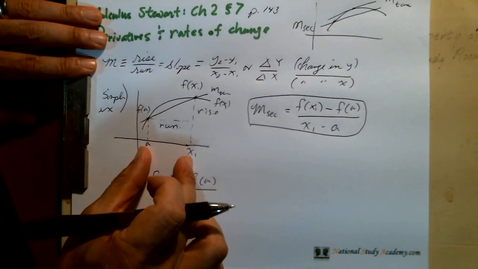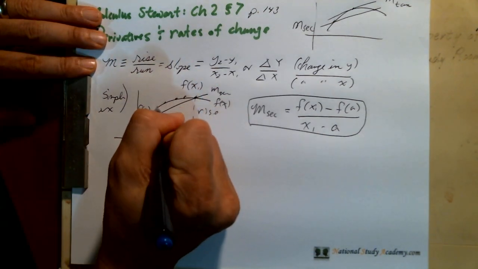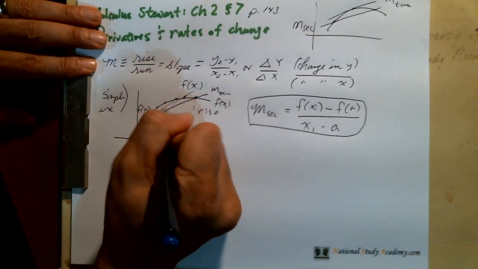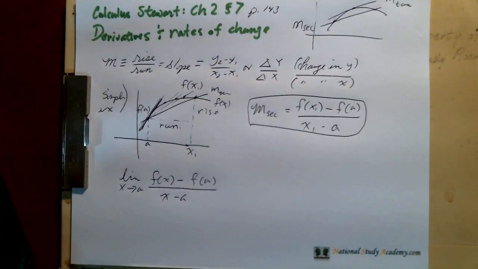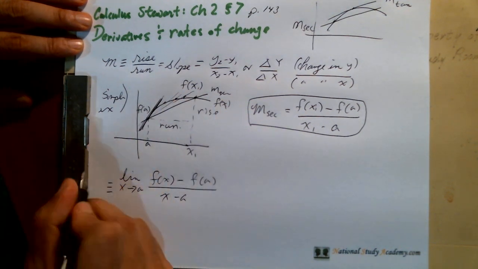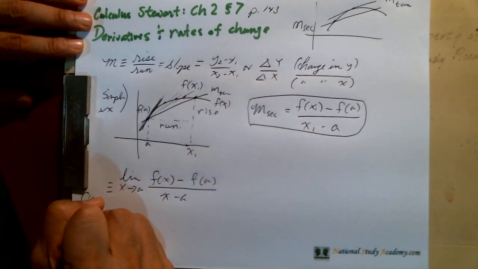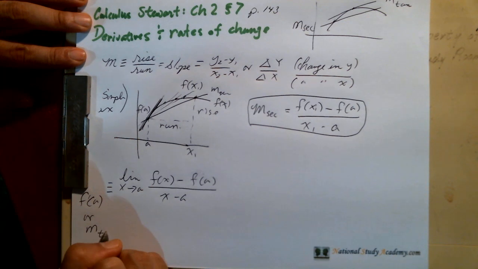As x approaches a right now, it becomes 0. And so you're going along this point, and then you're going to have secant, secant, secant, and finally you're going to end up with a tangent line right there. There's your tangent.